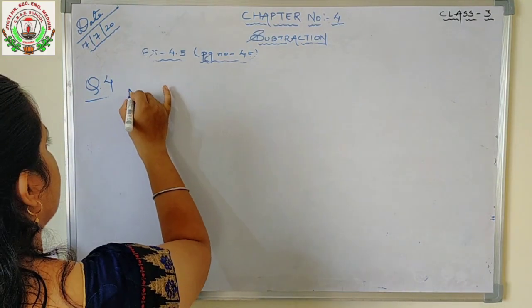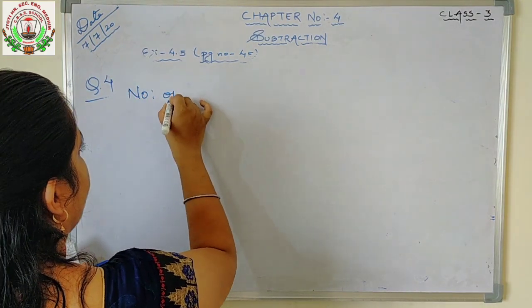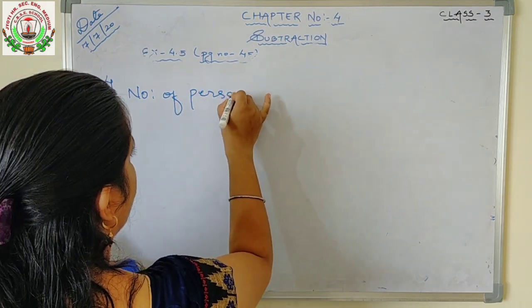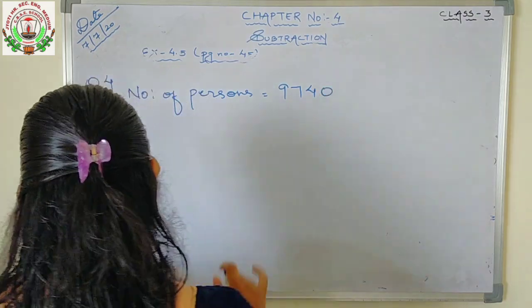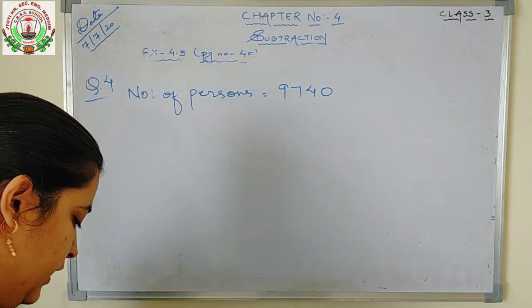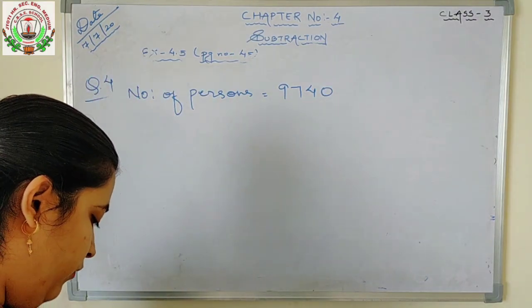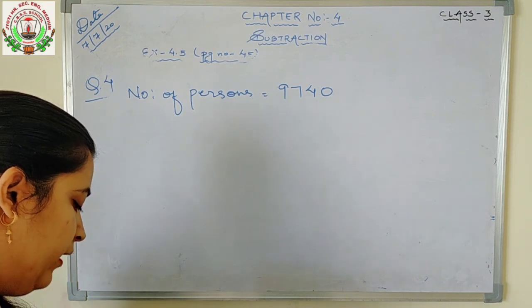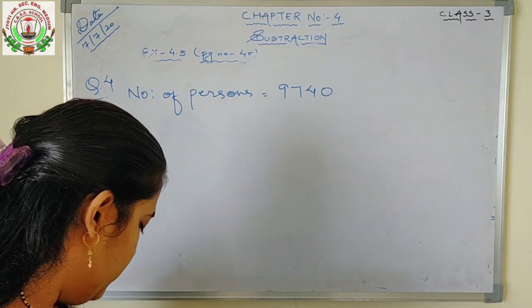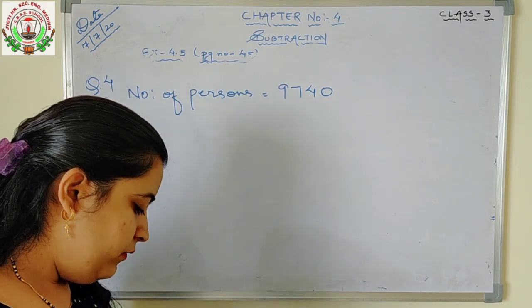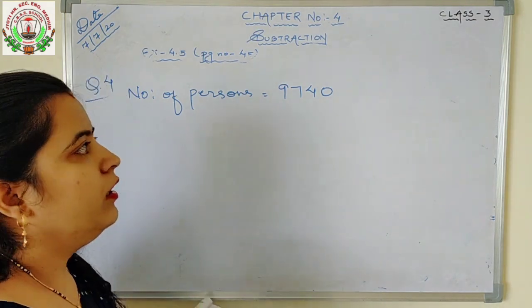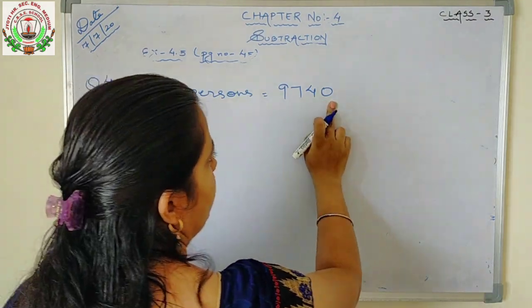Number of persons is equal to 9,740 in 3 days. If 2,540 and 3,560 persons visited on the first 2 days respectively, how many persons visited the fair on the third day? Total this much persons visited the fair.